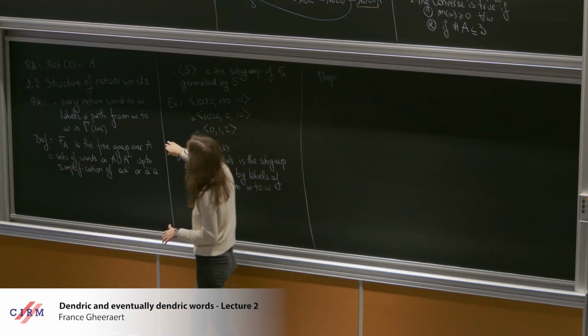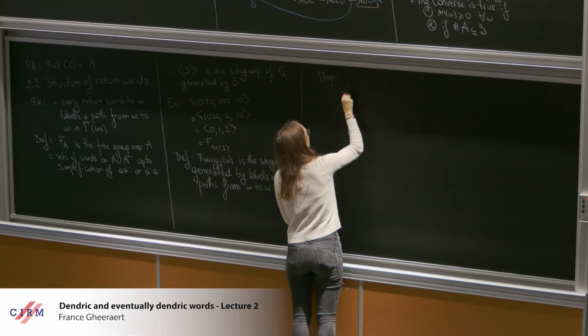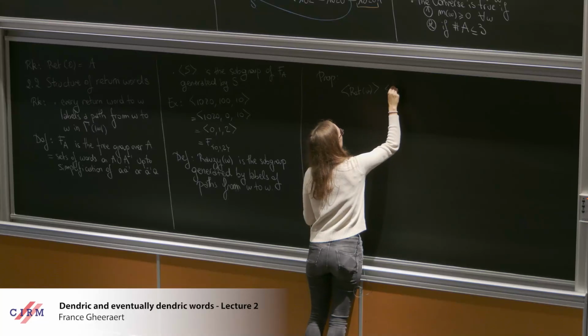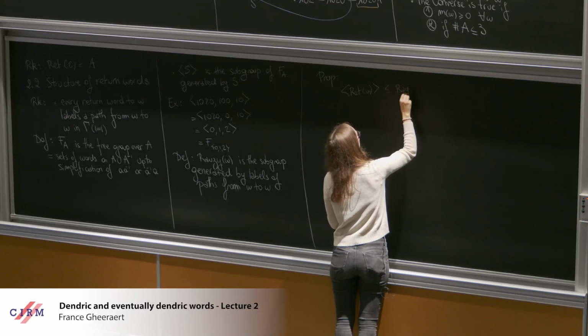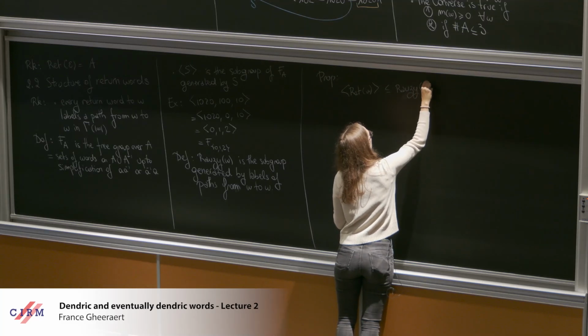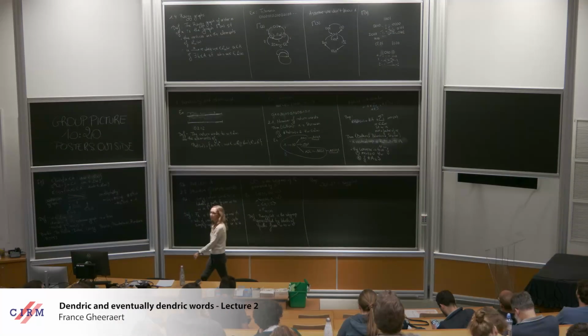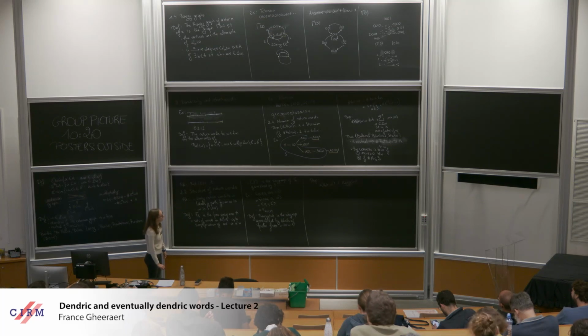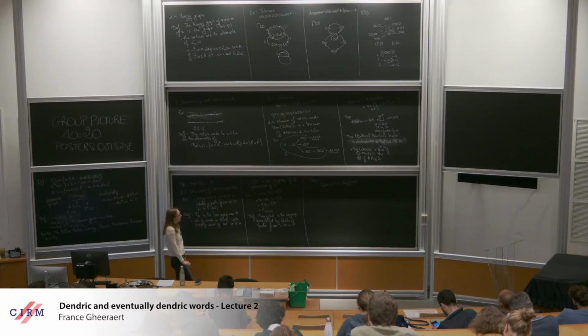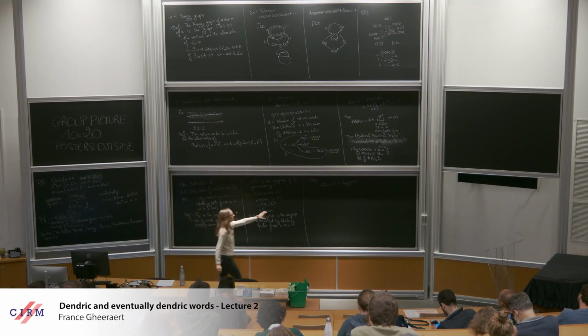As a consequence of this observation, right away I have that the group generated by return words is a subgroup of the group generated by labels of paths. But of course this inclusion doesn't allow me to fully control what's in there.